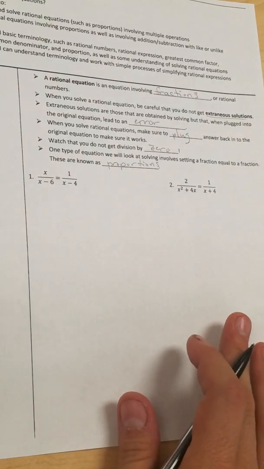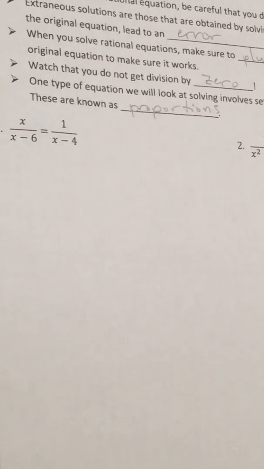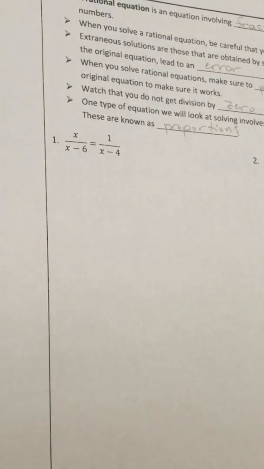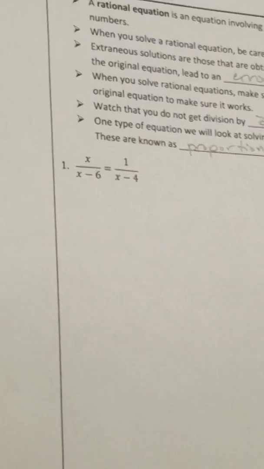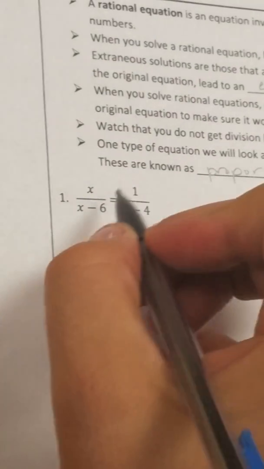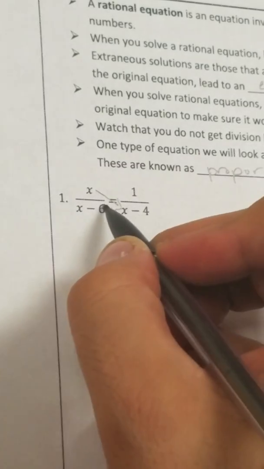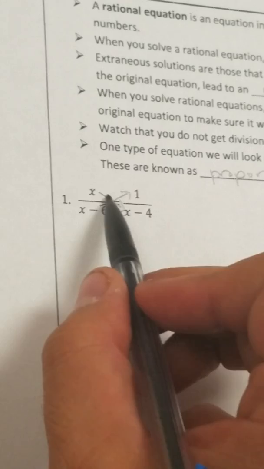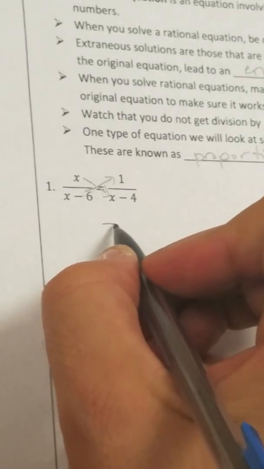So in the first example, we have a proportion. We have a fraction equal to a fraction. So in order to solve, we're going to use cross multiplication. So we're going to cross multiply here. When you cross multiply, you're going to go straight diagonal like that and diagonal like this. So you're going to multiply these two, and then you're going to multiply these two. All right, so you're going to start with an equal sign.